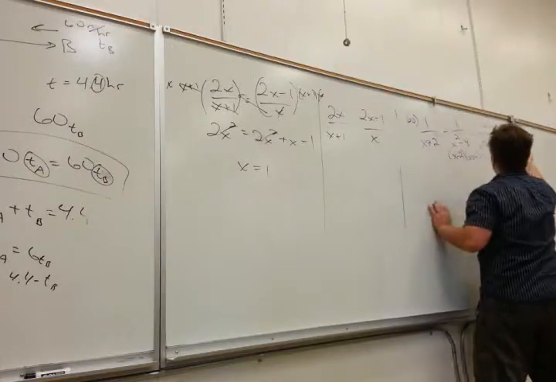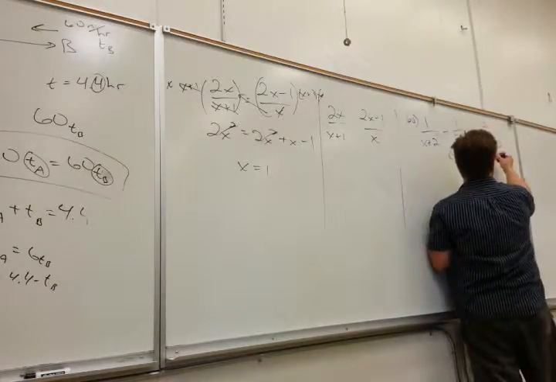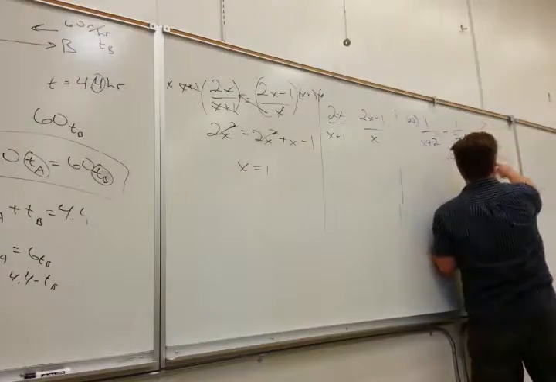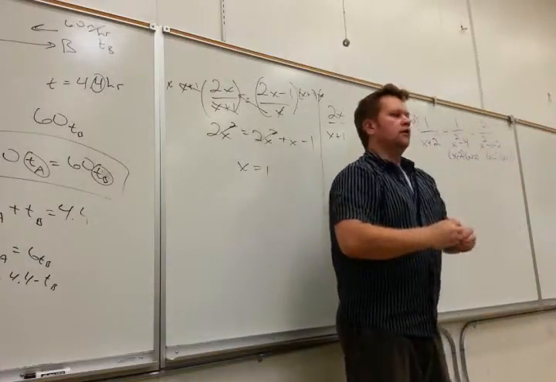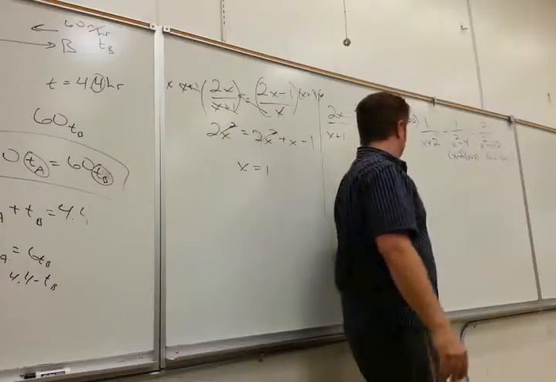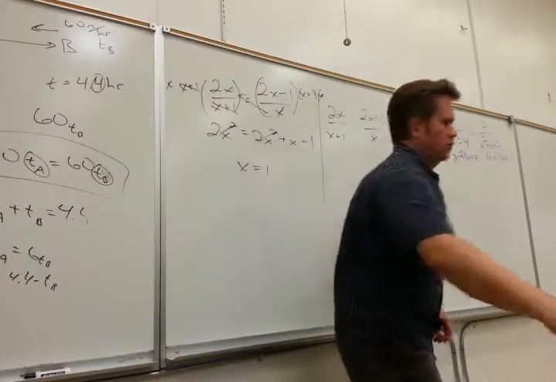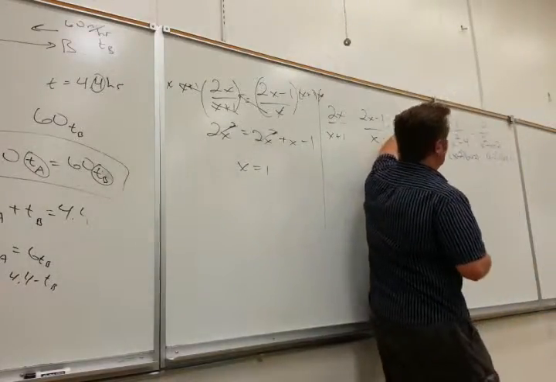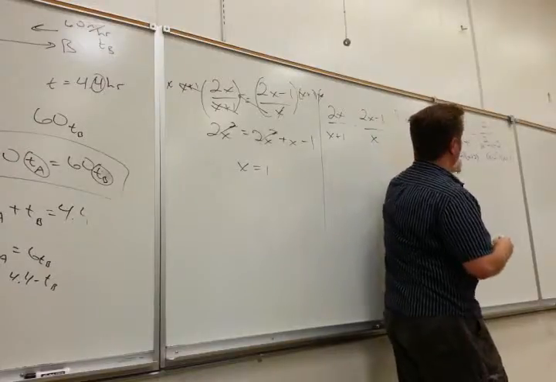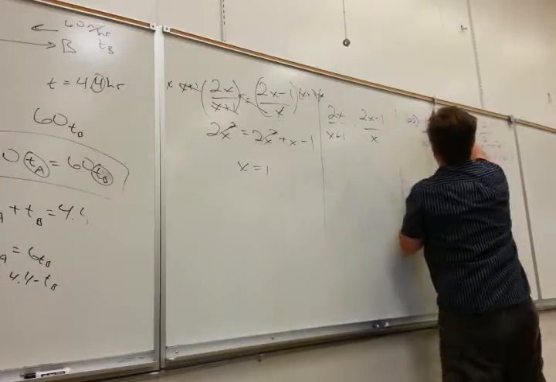Now you factor this. I like it, because the middle term's got to be negative, so the bigger one's negative. So now you can see who's missing what. This guy is missing x minus 2 and x plus 1.